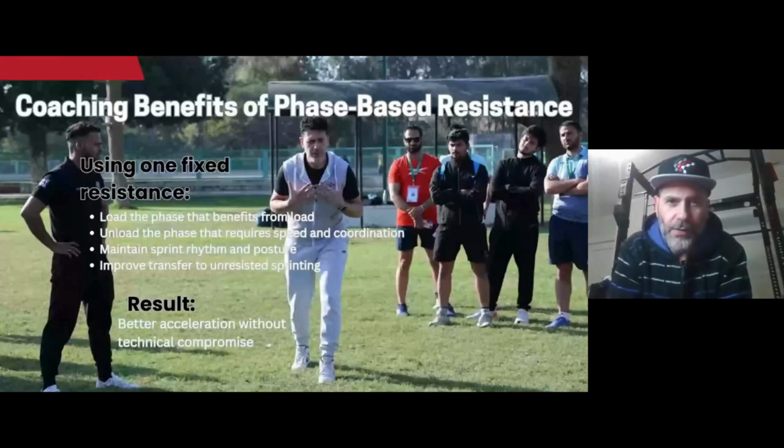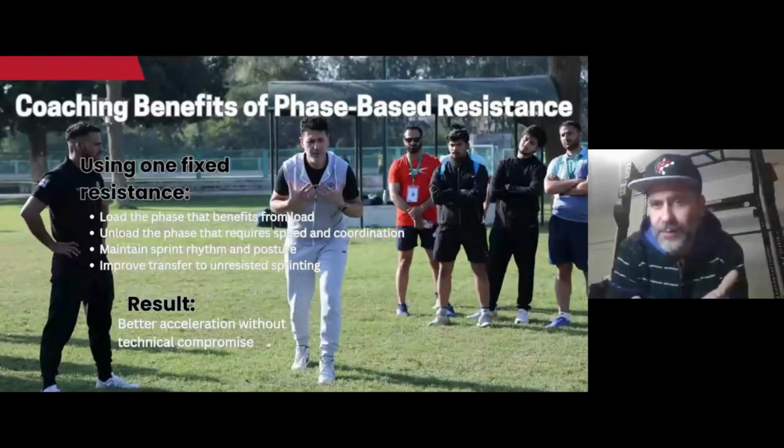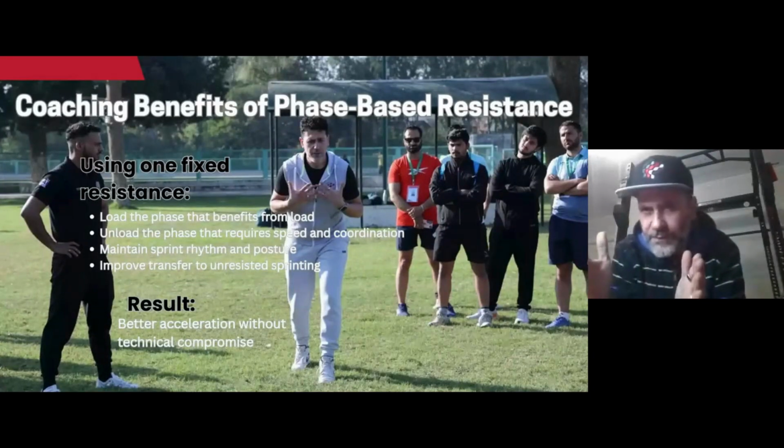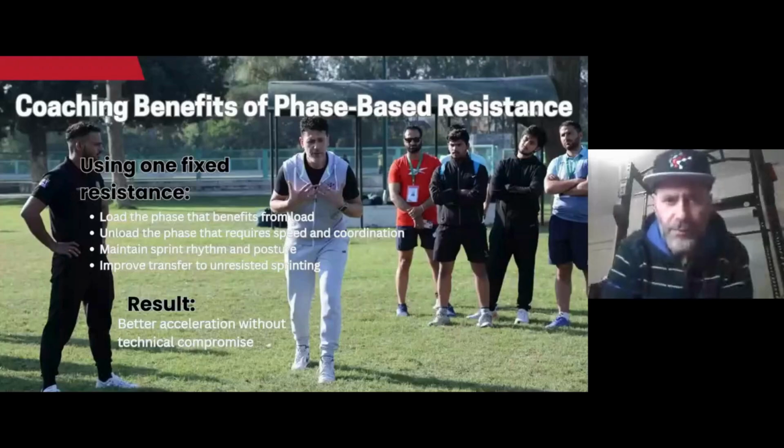So we're using one fixed resistance load, the phase that benefits from load, maintain sprint rhythm and posture, and improve transfer to unresisted sprinting, okay? Sorry, that's using a phase-based resistance, so setting different values of resistance for different phases of the sprint. So the result is going to be better acceleration without technical compromise.